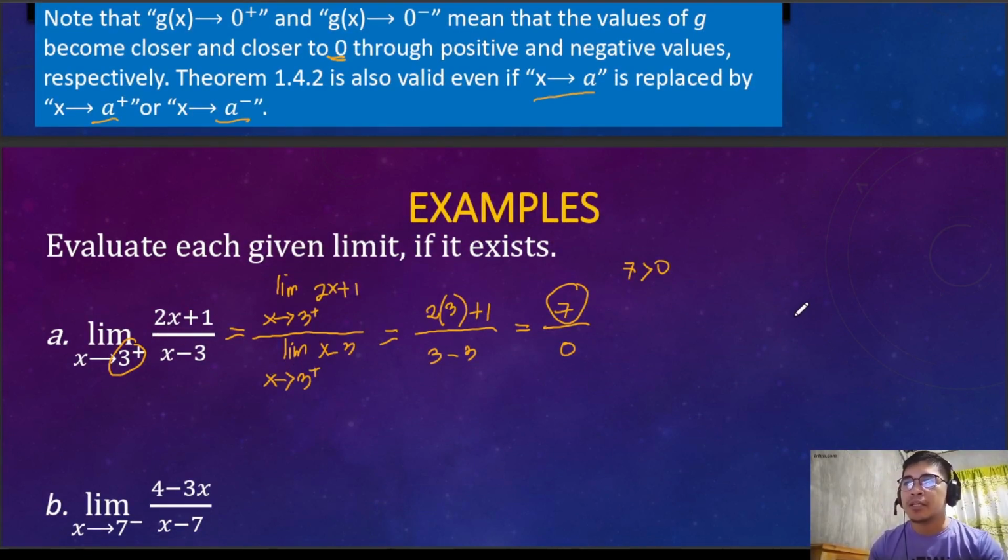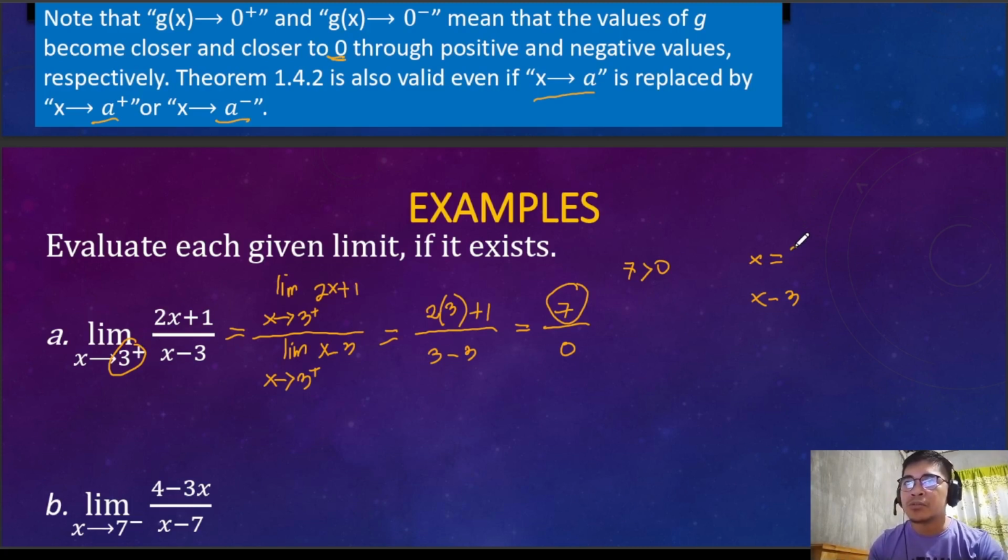So let us check. We have x minus 3 and we will use x. We look for a value of x. Take note, we have from the right already, so we look for a value closer to 3 from the right. Our indicator is, if it is from the right, then greater than 3.